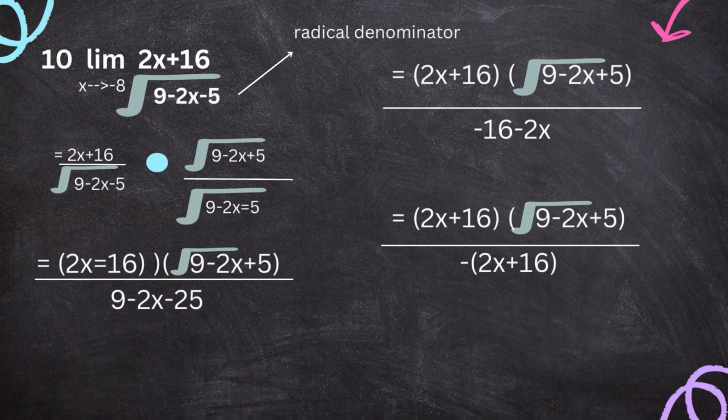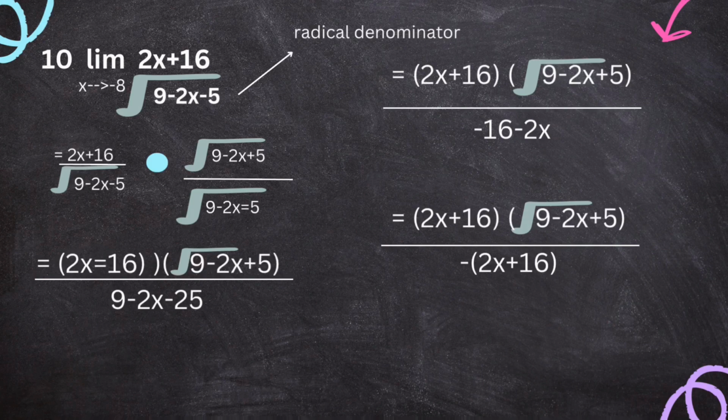2x plus 16 times the square root of 9 minus 2x plus 5 is equal to 2x plus 16 times the square root of 9 minus 2x plus 5. The square root of 9 minus 2x minus 5 times the square root of 9 minus 2x plus 5 is equal to 9 minus 2x minus 25. Just bring down 2x plus 16 times the square root of 9 minus 2x plus 5. And for the denominator, let's combine like terms, which is 9 and negative 25, and it would be negative 16 minus 2x.